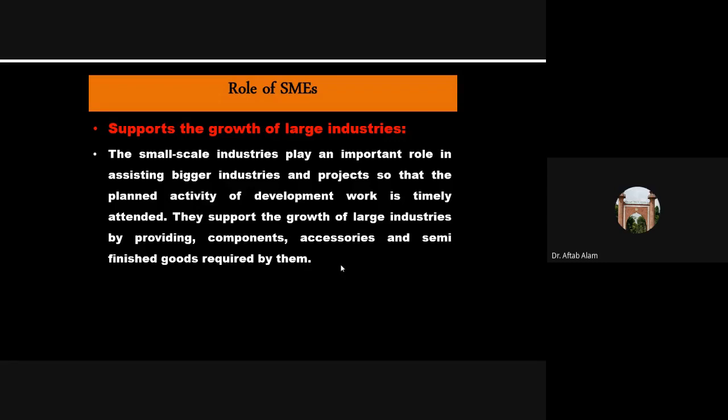They outsource the production of goods to the small ancillary units or medium enterprises. सारे के सारे large scale enterprises don't produce. So that way small industries play an important role in helping bigger industries and projects, so that the planned activity of development work is timely completed, right?